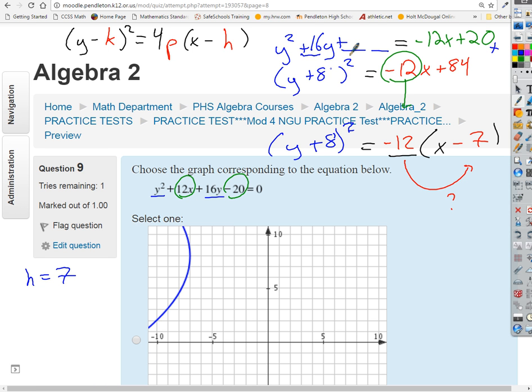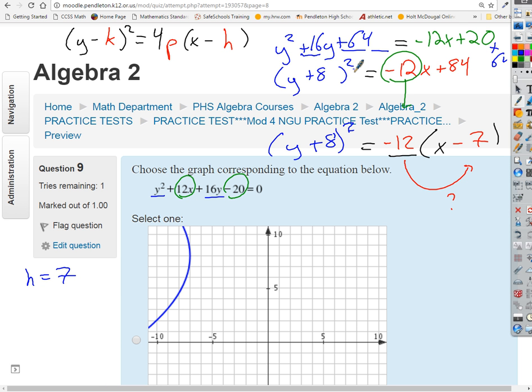I have to add half of 16 squared, or 64, to both sides. Now those three terms, y squared plus 16y plus 64, factor into y plus 8 squared. Think of magic numbers. What two magic numbers multiply to 64 and add to 16? 8 and 8, right? In other words, we've got y plus 8 times y plus 8, or y plus 8 squared. On the other side, that gave us this 84.